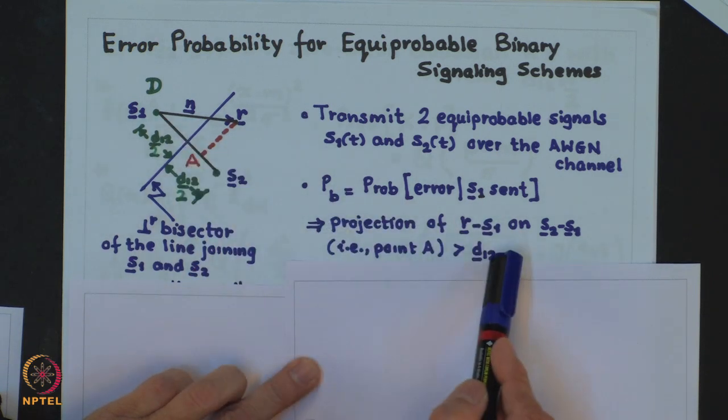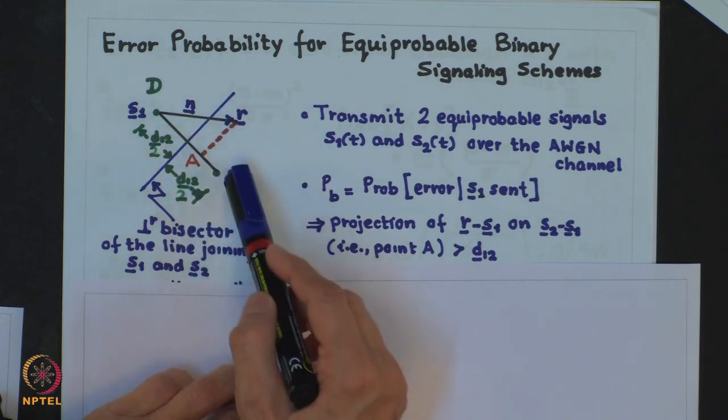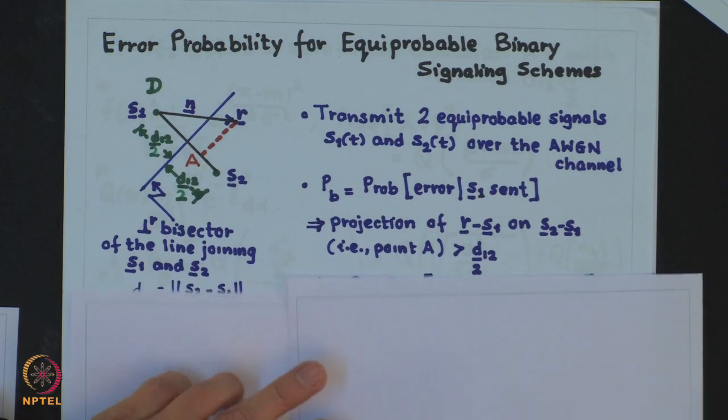If this condition is satisfied, then your vector R would be lying in the region R2, and in that case the error will occur.